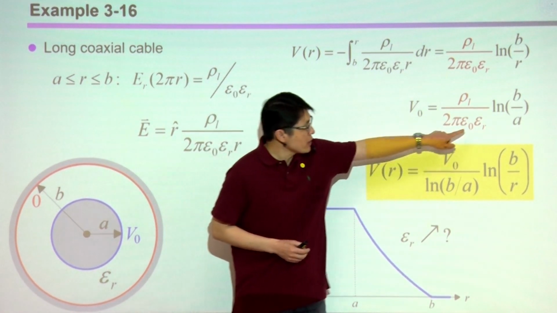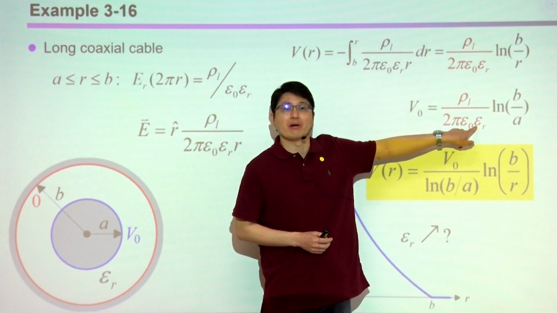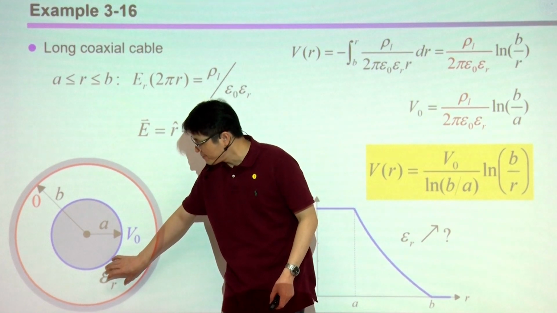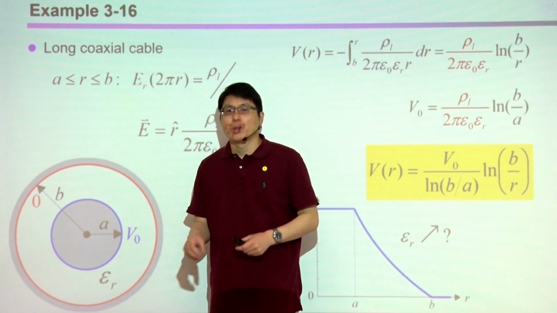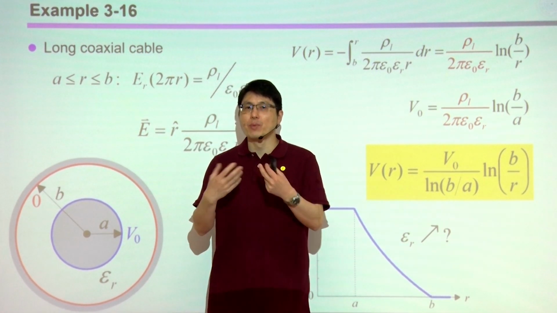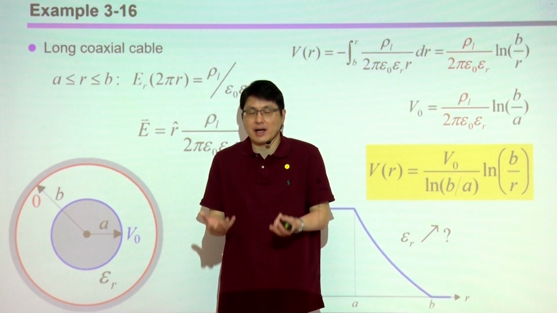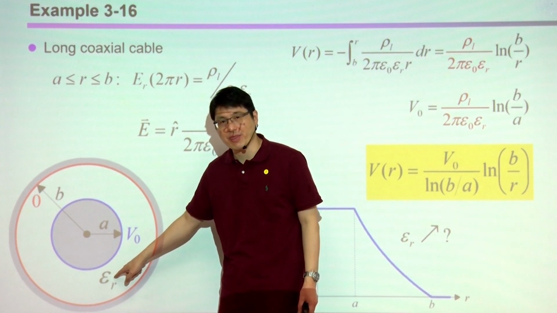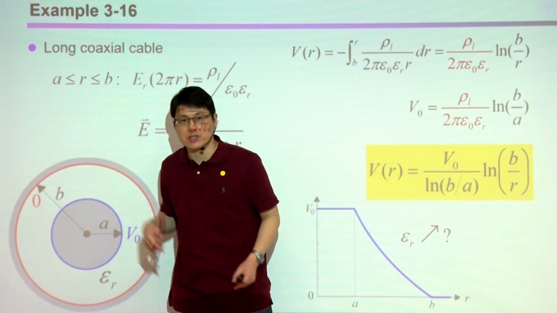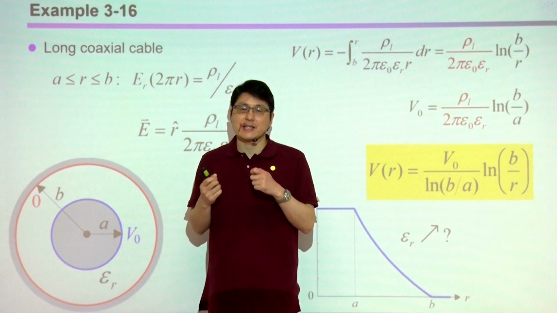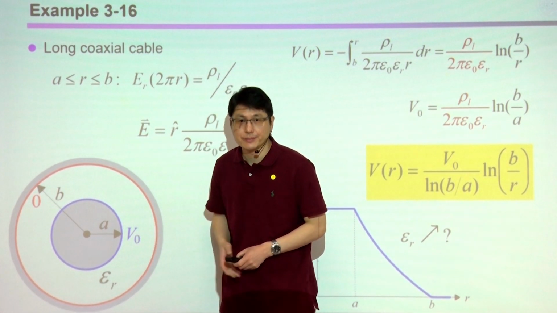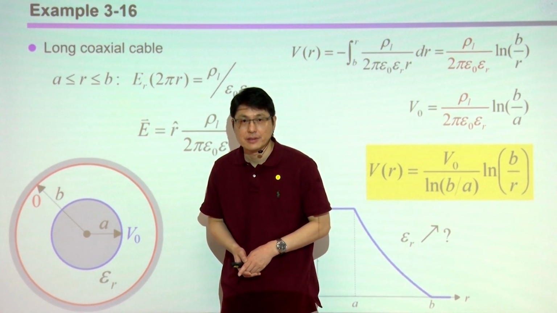So when you increase your epsilon r, meaning if you have a material which can give you more and more induced electric dipoles, it is weakening the field strength between the two conductors, and thus effectively lowering your V0, right?